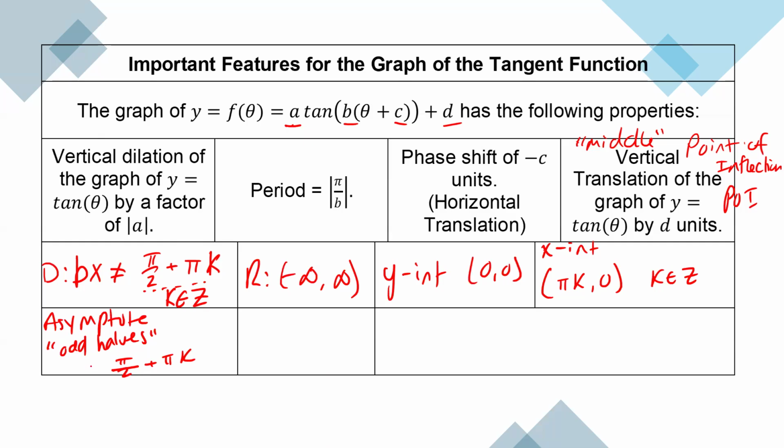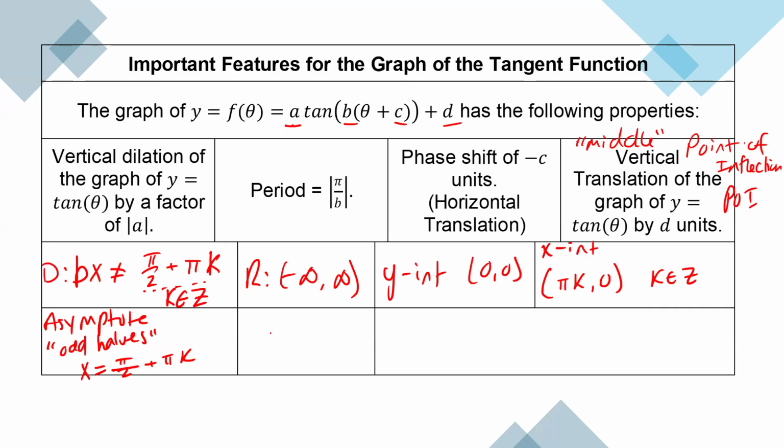K is an integer. So this is where x cannot equal. Does that make sense? Because it's an asymptote. It's the part of the domain that it's saying it can't be, right? Because it's an asymptote. That's why it can't be. So maybe don't put the not equal to, because it is where it's equal.